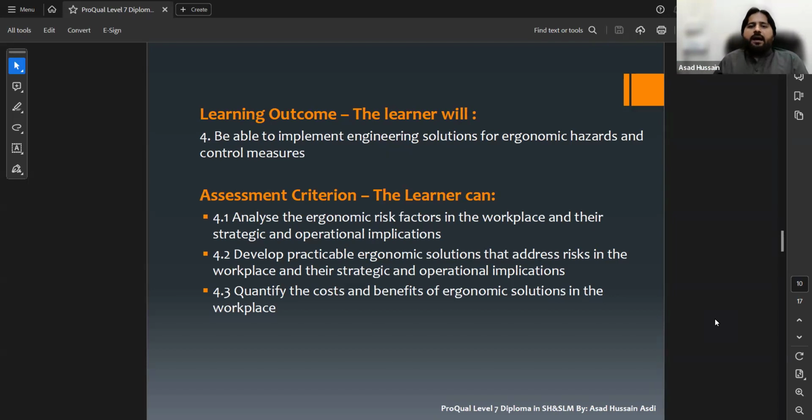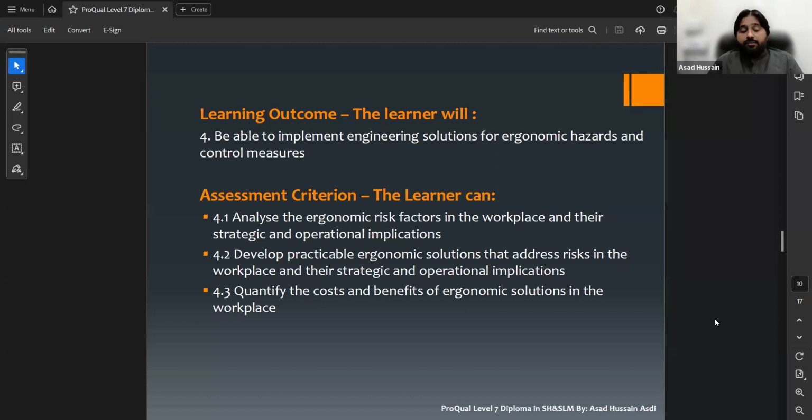In this assessment criteria, you have to see what strategic and operational implications are there for doing the analysis of ergonomic risk factors in the workplace, and how ergonomic hazards can come there, can arise there.